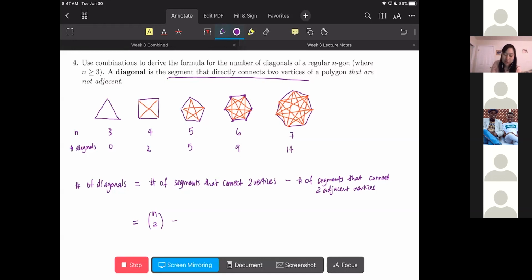So in my drawing, I'm not counting them for the diagonals, but when we count the number of segments that connect any two vertices, we are counting them. So if we say n choose 2, we're counting every pair. For example, we're counting this and this, this and this, and all of the pairs. So we are including the sides in that count. So we need to subtract out the number of segments that connect two adjacent vertices, which is n.